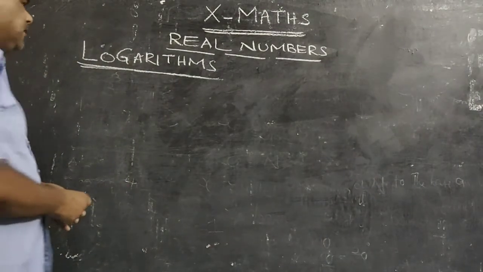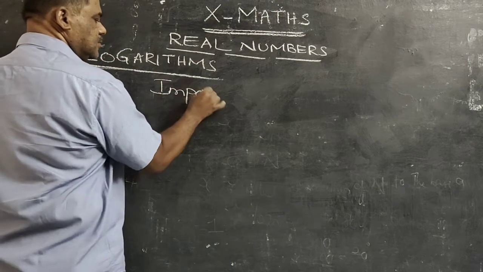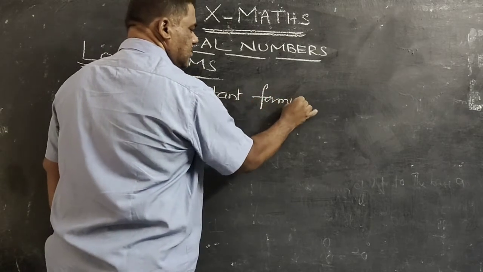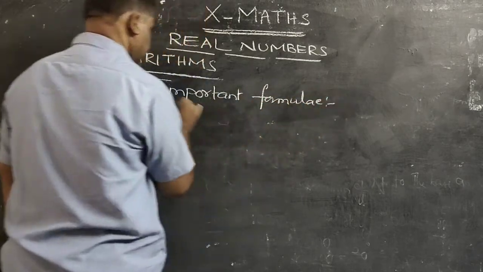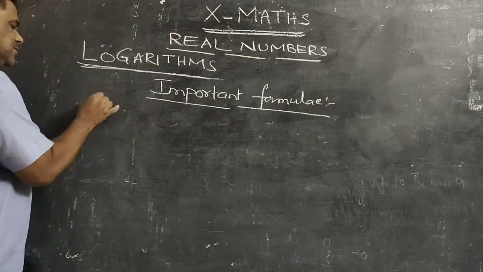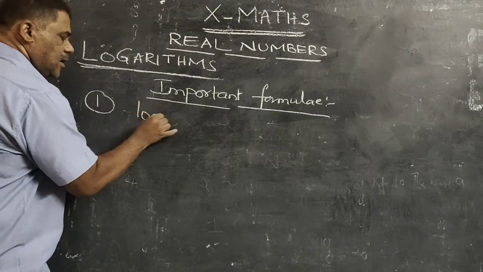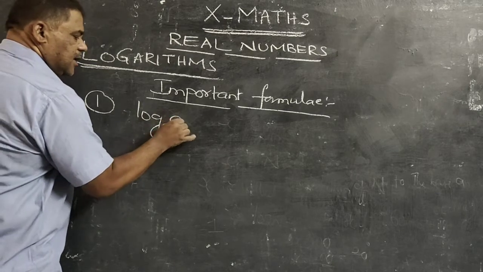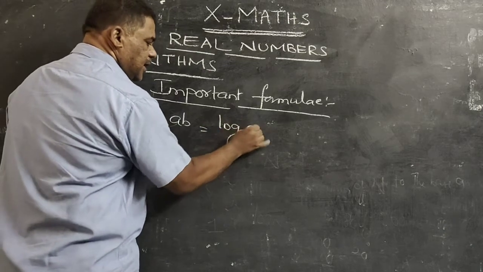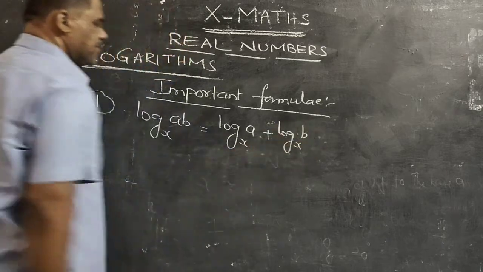Let us learn some important formulas in this. First one: logarithm of AB to the base x is equal to log A to the base x plus log B to the base x.